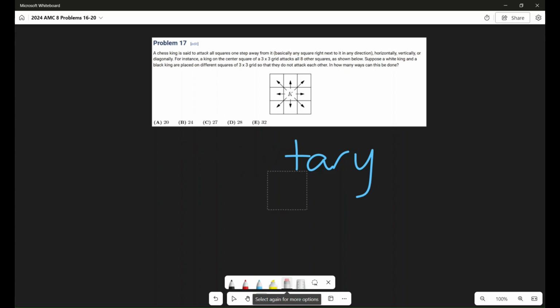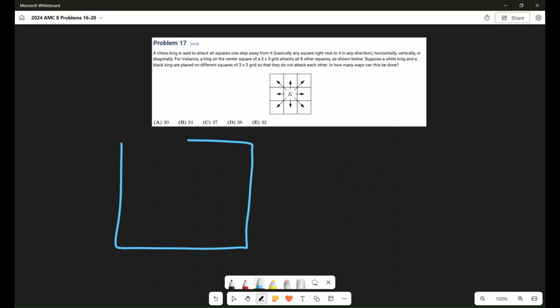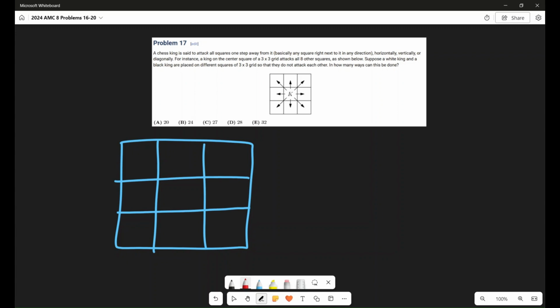Let's take a look at how we can construct a way for the two kings to be next to each other. So let's start by placing the black king.